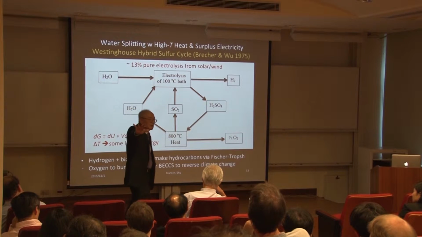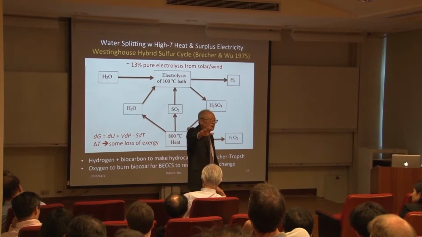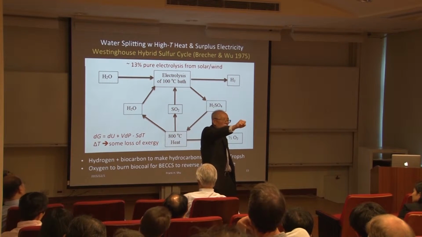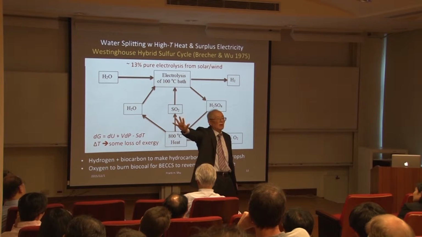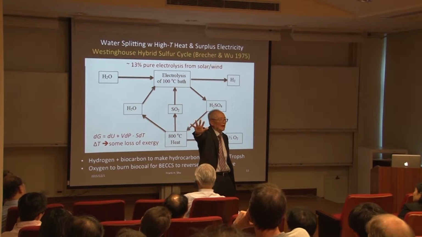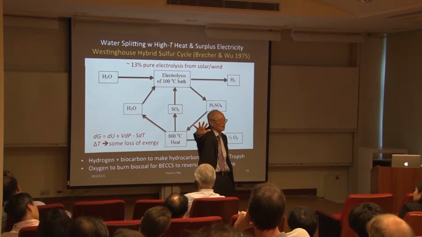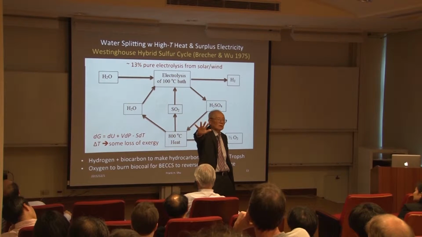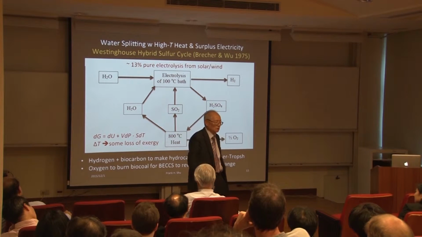So everything that can be done with fossil fuels, if I have coal, once I have hydrogen, I can make all the oil that you want. Okay? Do we know this for a fact? Yes, Germany did it. In World War II, all they had was coal, but to run tanks, you need oil, and they made coal into oil.